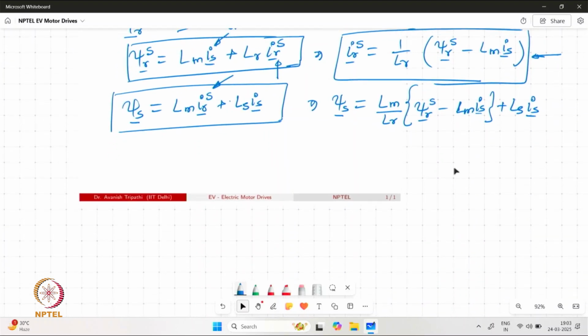To have the stator flux written in terms of rotor flux and stator current, we can rearrange this equation to obtain the equation for rotor flux.